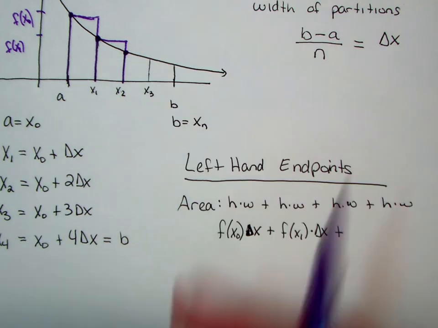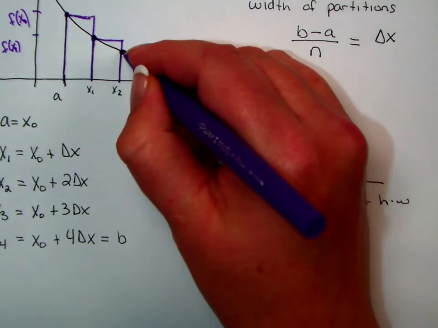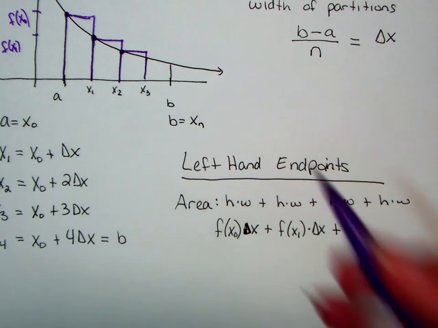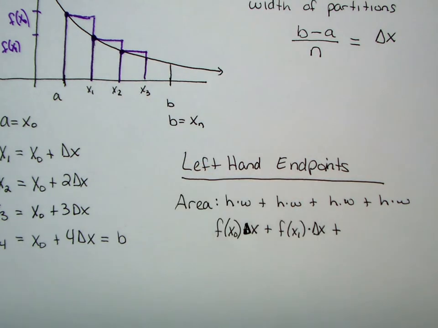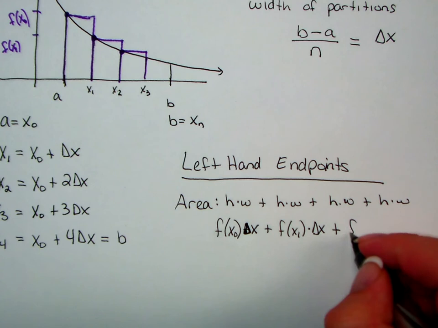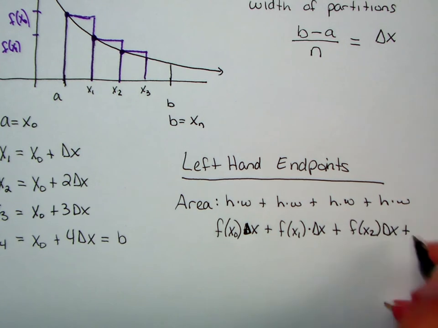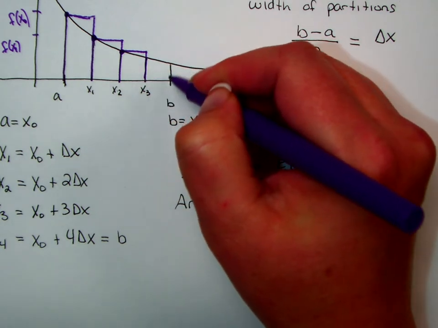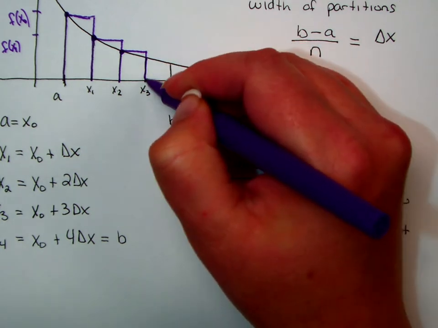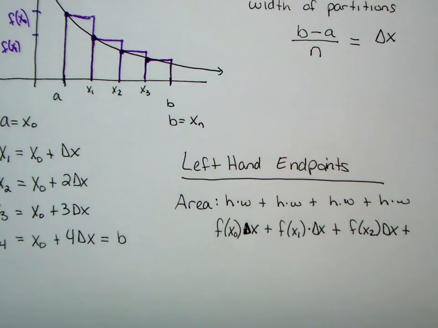And I'm using the left-hand endpoint there, the left-hand side, to calculate the height. Right, so the height of the third rectangle is going to be f of x sub 2 times delta x, right? And then our last rectangle here is between x sub 3 and b, and we're going to use the left-hand endpoint to calculate the height there.